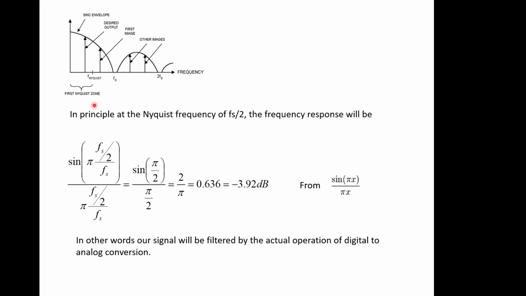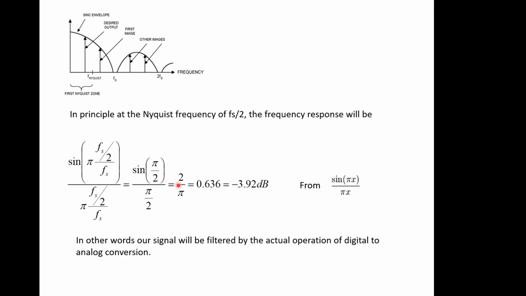And if we do that, in principle, at the Nyquist frequency of fs over 2, which is here, the frequency response of the system will be sin x over x, where we've got pi fs over 2 over fs, which is the 0 point, over this thing in the bracket but without the sine.